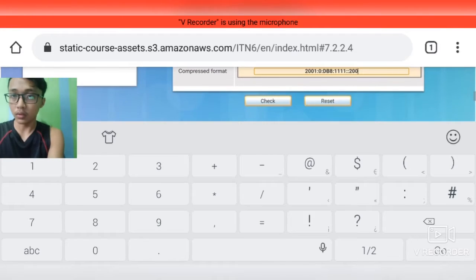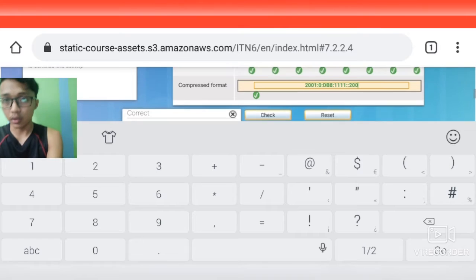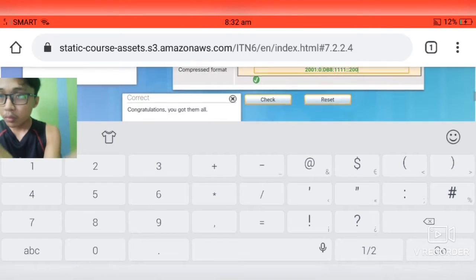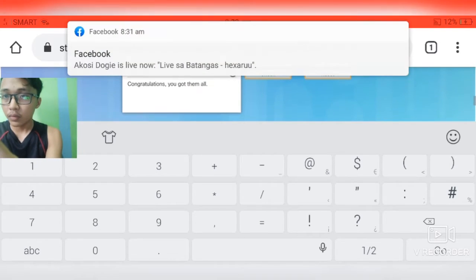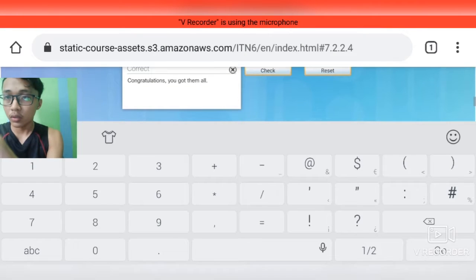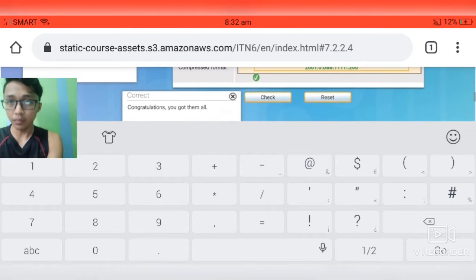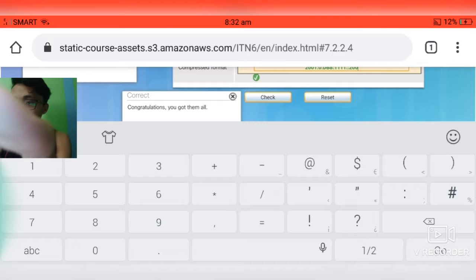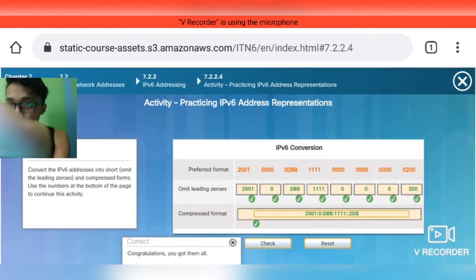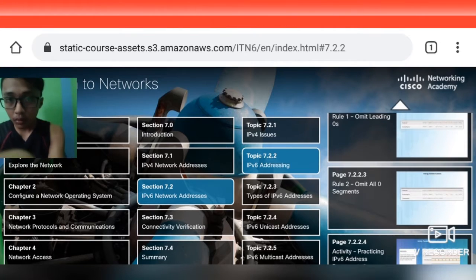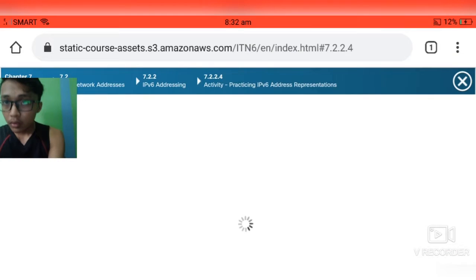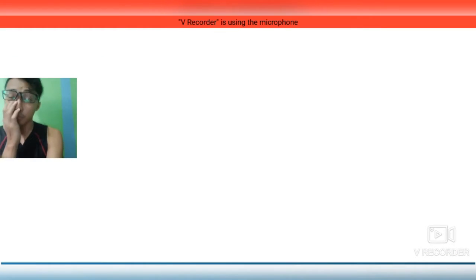So we're going to check if it is correct. So correct. So we have here the second figure.